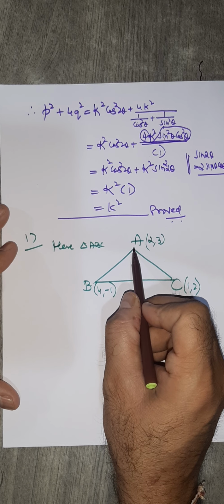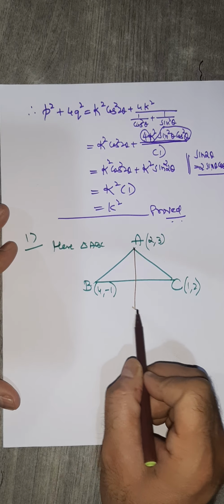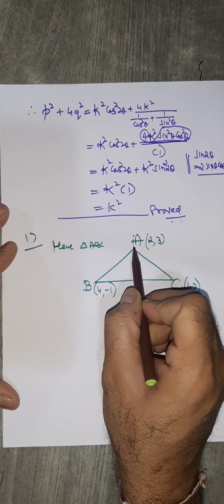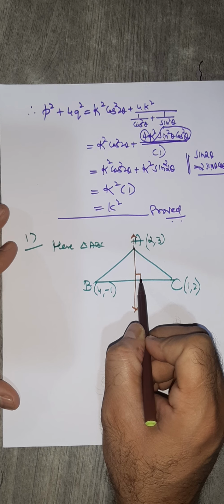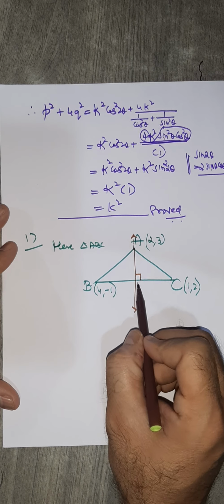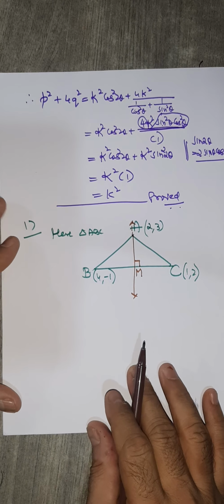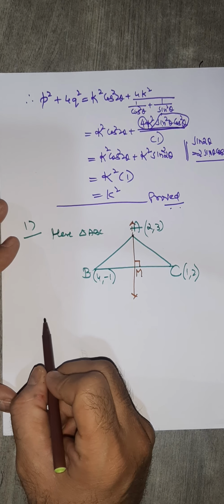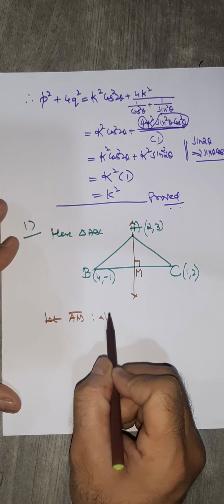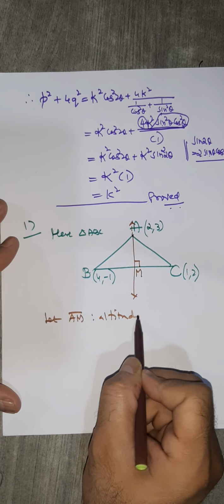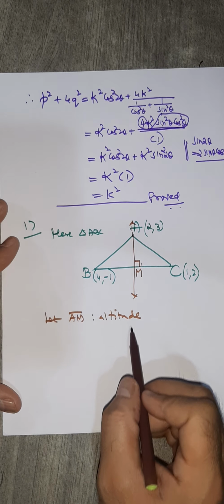Okay, so I need this equation. Now here this will be perpendicular. Why? Because altitude it asked. Let me call this AM. So I'll write AM with the altitude here. When you use the word altitude, it is understood that it's perpendicular.